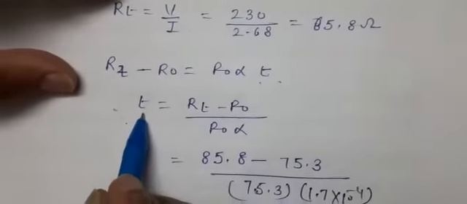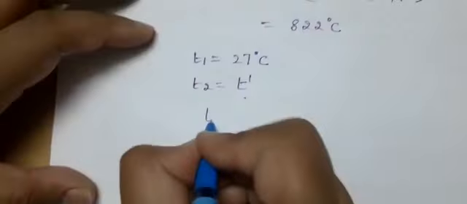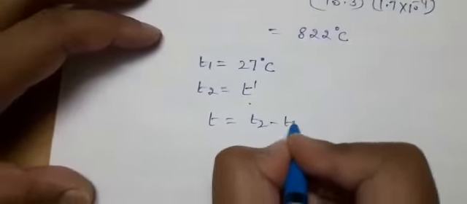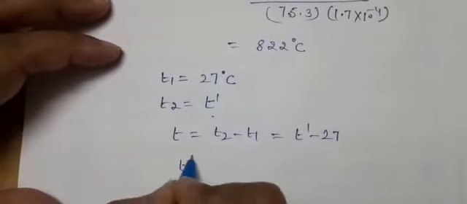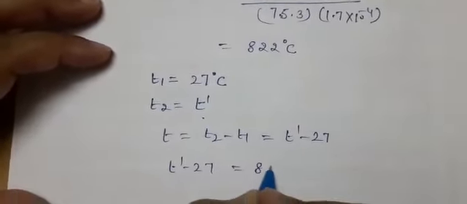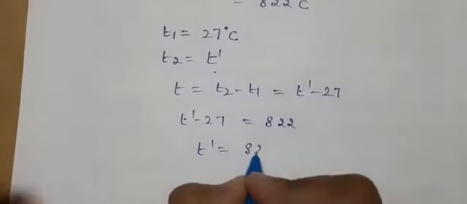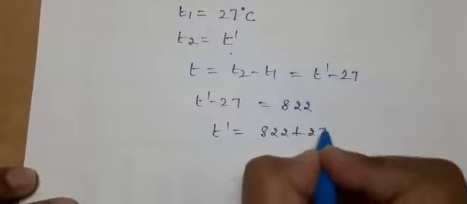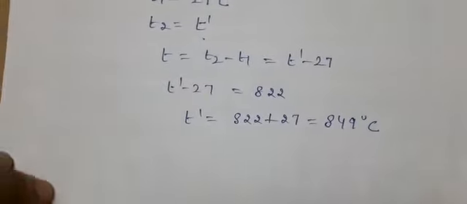Because this T represents the change of temperature from initial to final value. So T will be equal to T2 minus T1, that is T dash minus 27. Now T dash minus 27 is 822 degrees Celsius. So T dash will be 822 plus 27, and it will come out to be 849 degrees Celsius.